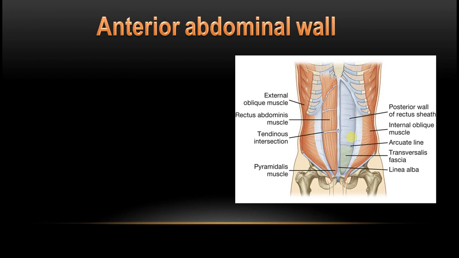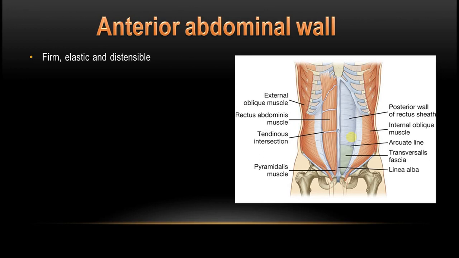Now, we will directly move on to the anterior abdominal wall. The anterior abdominal wall is a firm wall, but it is elastic in nature. It is distensible, it is yielding. So it expands or bulges for many reasons.